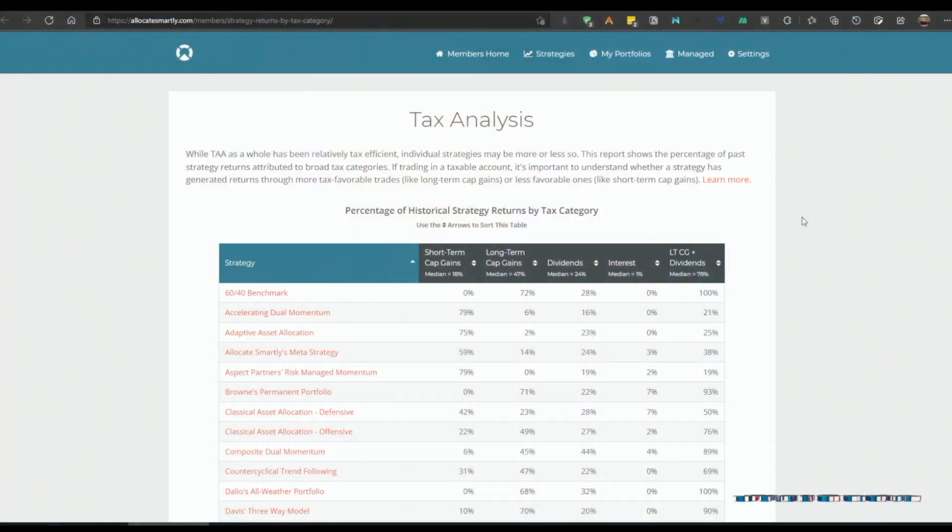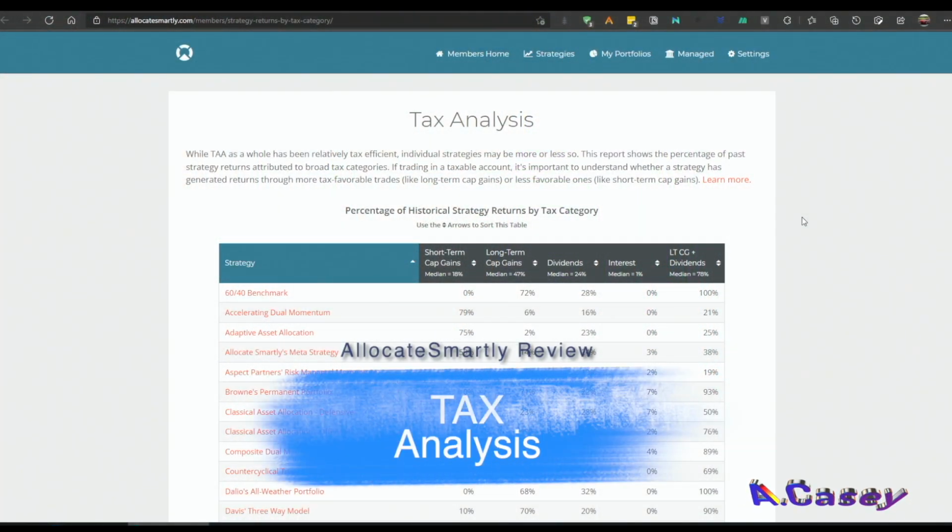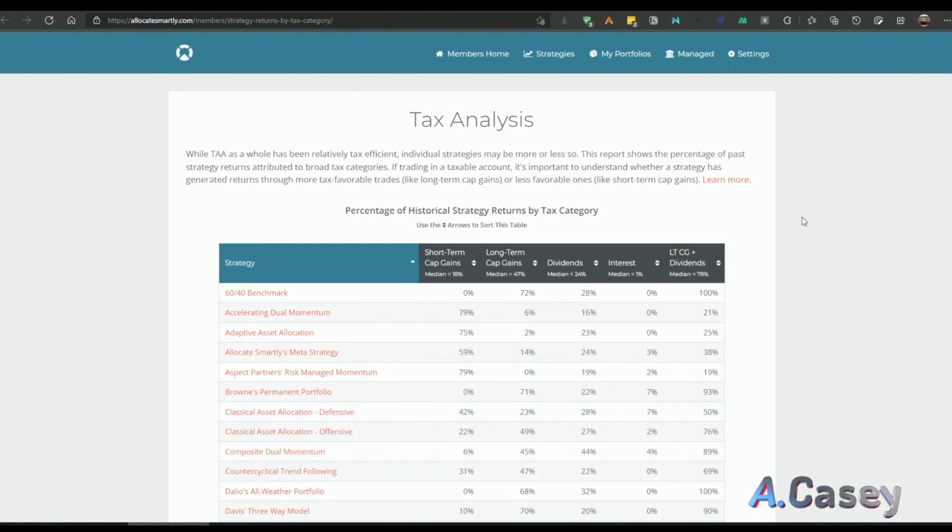And here is the other benefit of this platform. This is a tax analysis. If you are trading your TAA portfolio inside a taxable account, then it's totally different than in a non-taxable account. Capital gains are different, of course, depending on the time you hold the asset class.